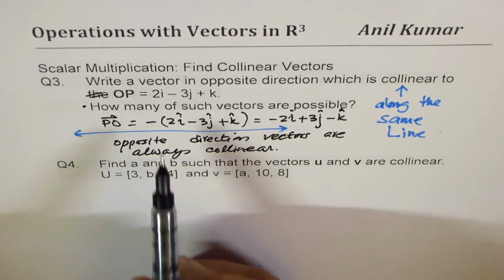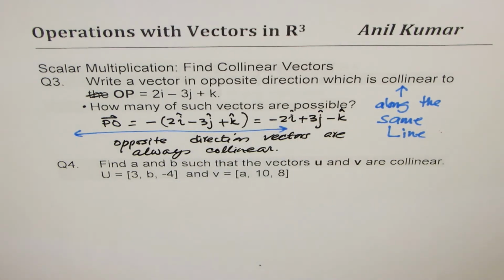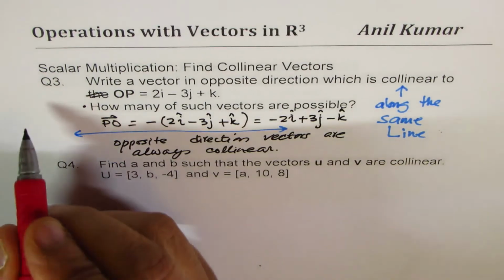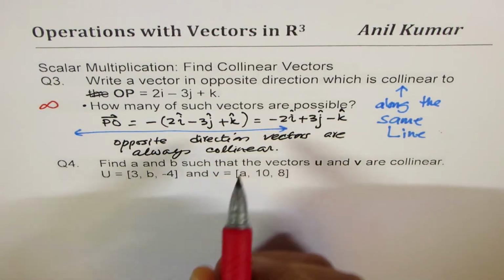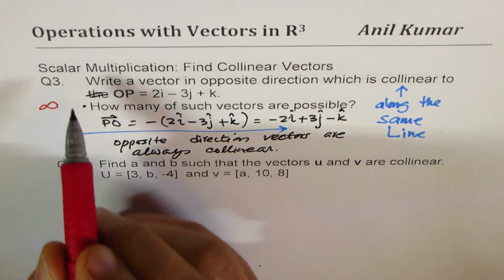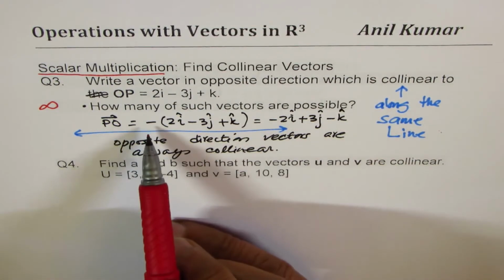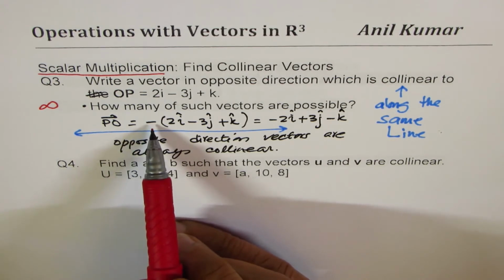Now, the second part of this question is how many such vectors are possible? Can you answer that? So the answer for this part is infinite, since we could multiply it by any number, and that's where scalar multiplication comes into the picture. Even multiplying by minus is a scalar multiplication.